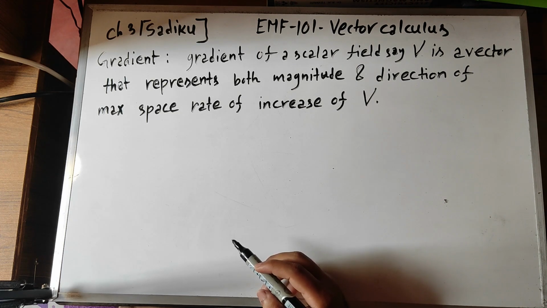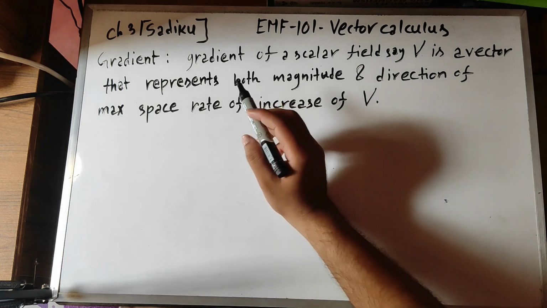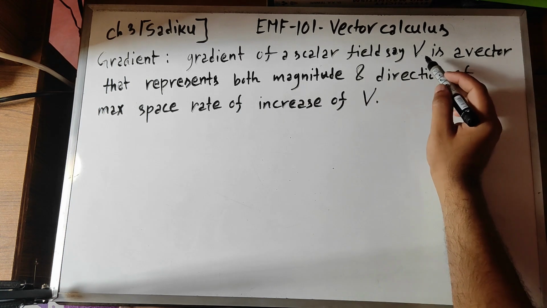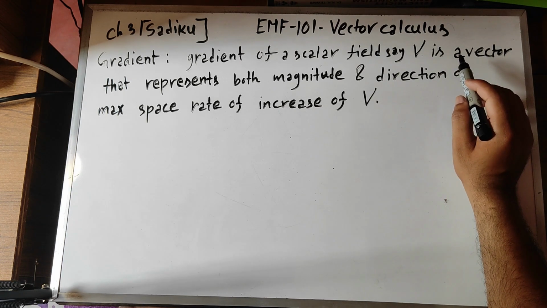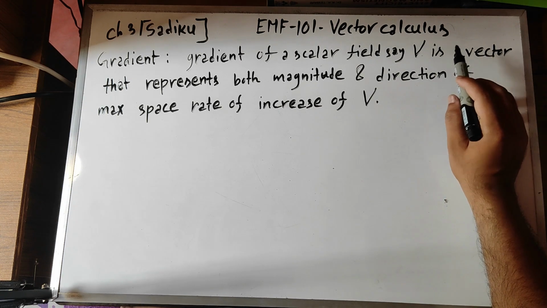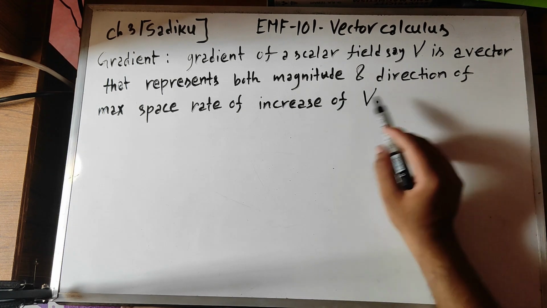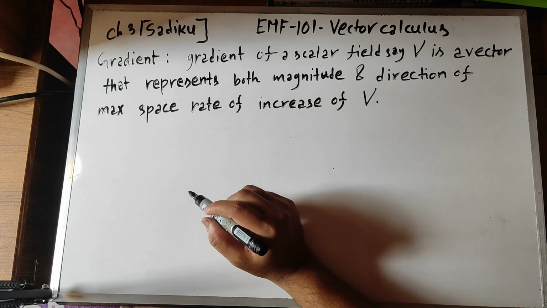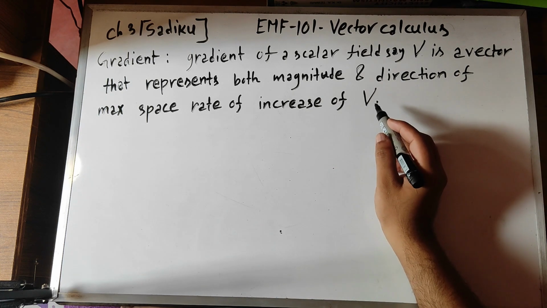Now that we have understood what a scalar field is, the gradient of a scalar field, say V, say V is a scalar field, is a vector that represents both the magnitude and direction of the maximum space rate of change, or space rate of increase, of the scalar field.